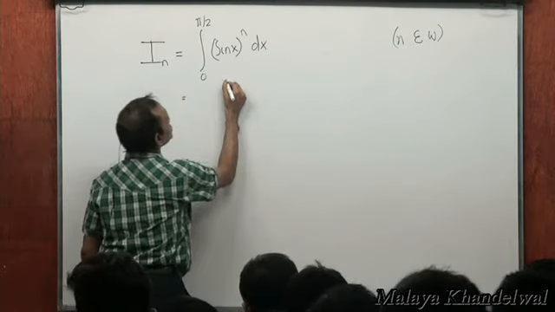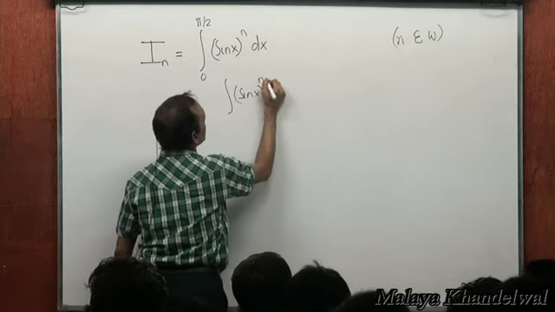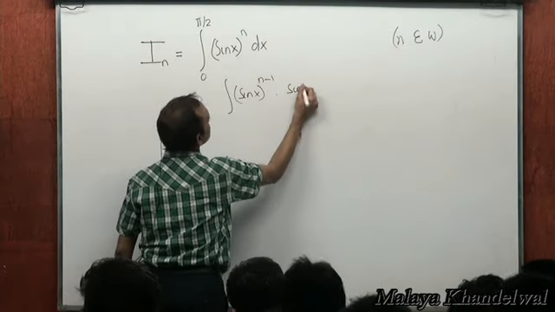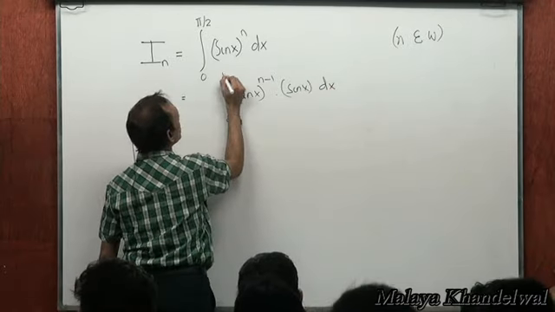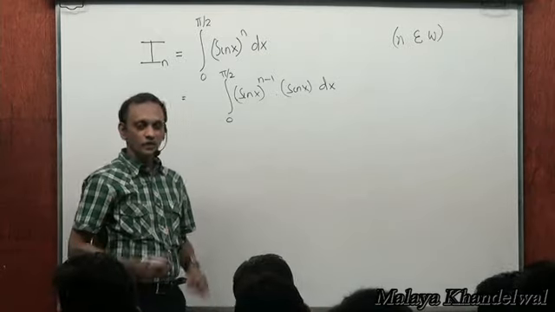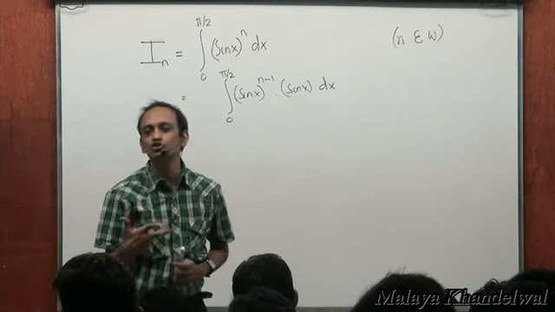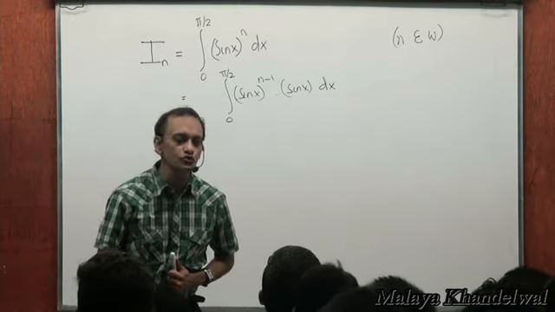So this I could write as sine x to the power n minus 1 into sine x, 0 to pi by 2, right? Just an attempt to reduce it to a lower power.